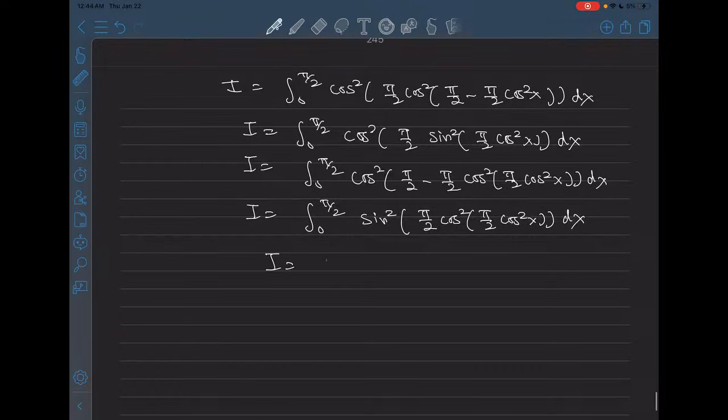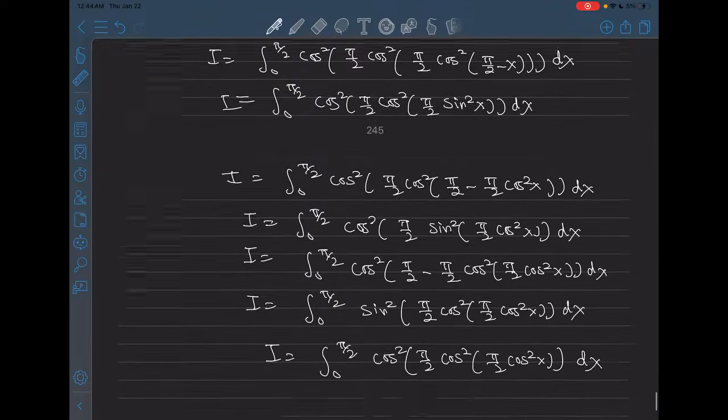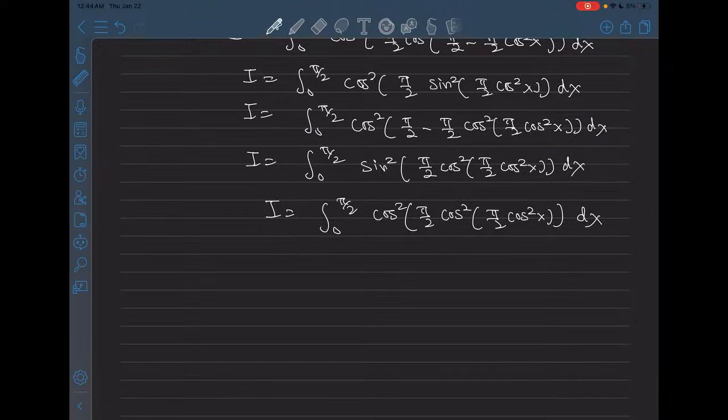Now I was also cos square pi over 2 cos square pi over 2 cos square x dx, right? This was what I had initially, and now we have changed it to a different thing. So both of them are our required integral.